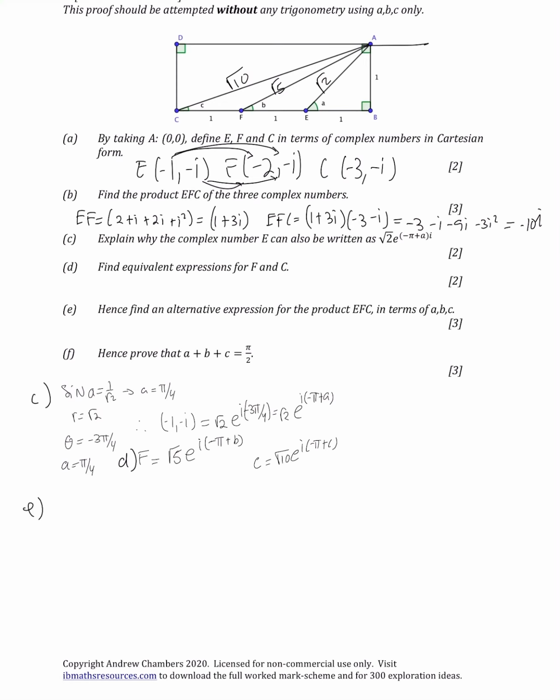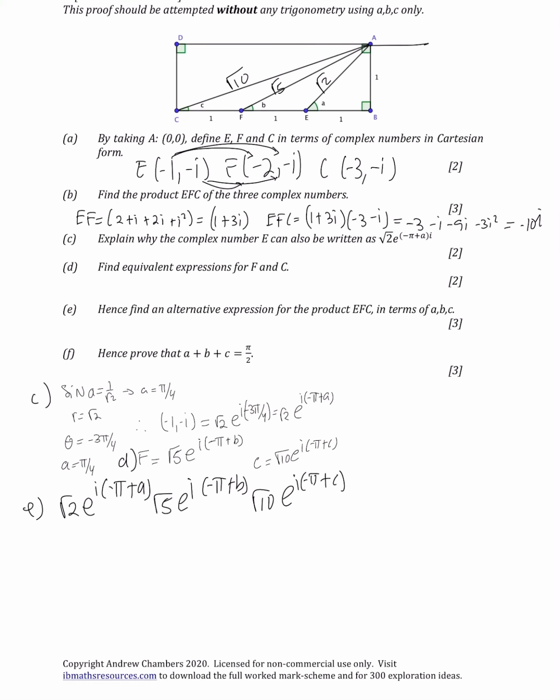Very well. So, e^(iC) in terms of A, B, C: if I'm doing this with root 2 e^(i(-π + A)) times root 5 e^(i(-π + B)) times root 10 e^(i(-π + C)).